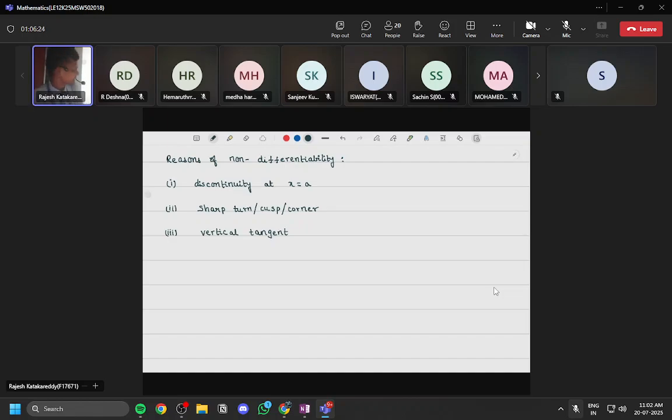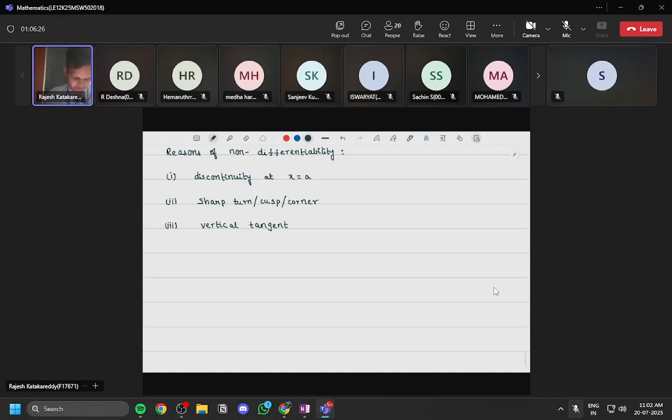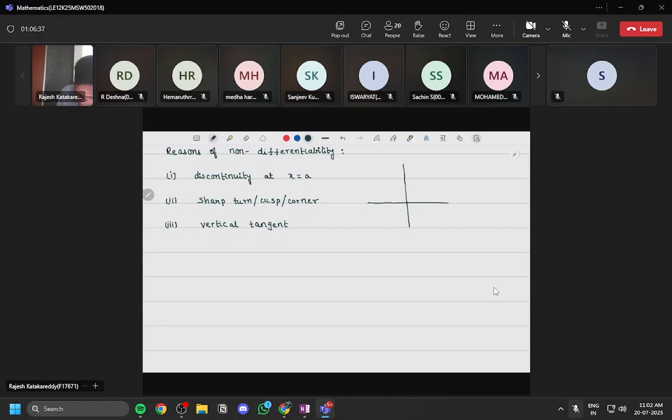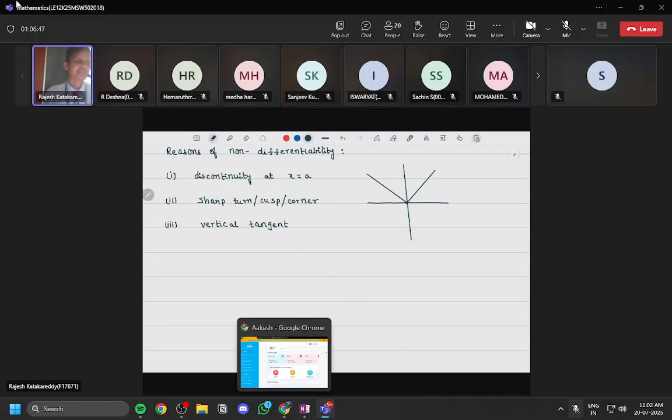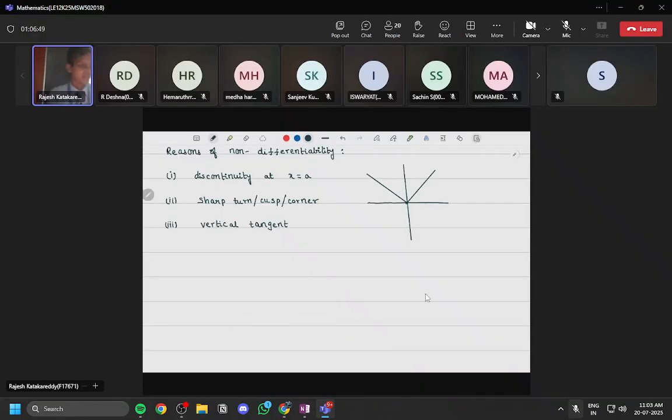It is like turn, corner. I'm a little bad in English, right? So for cusp and corner, if you want, we can say mod x as the example. This has a sharp turn at 0. That's why it is non-differentiable.